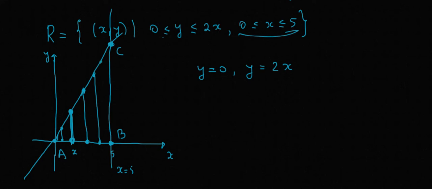Now, since we're asked to reverse the order of integration, and in the iterated integral that we're given the first integration is over y, now we would want to make our first integration to be over x. And that means we're going to fix the value of y.